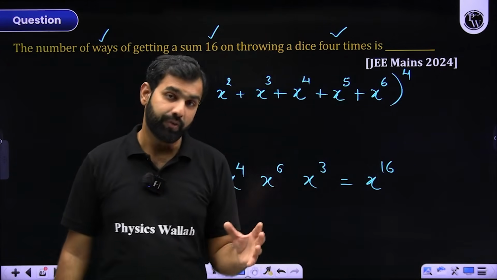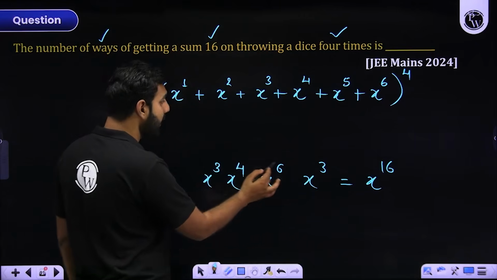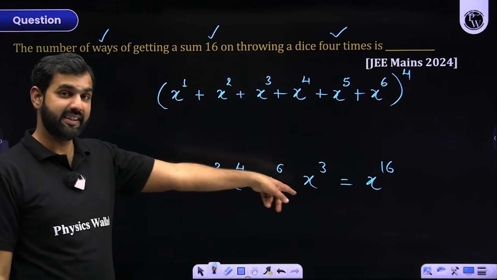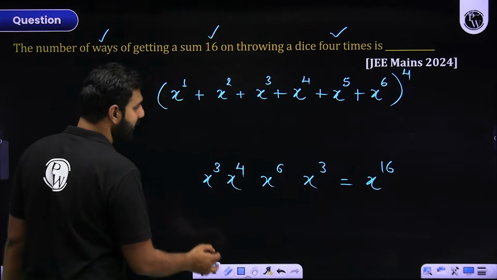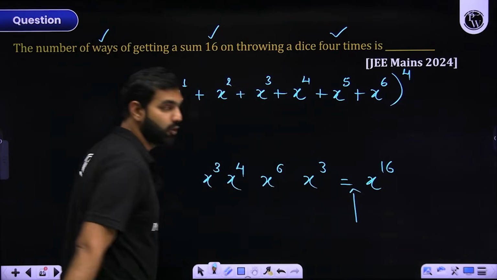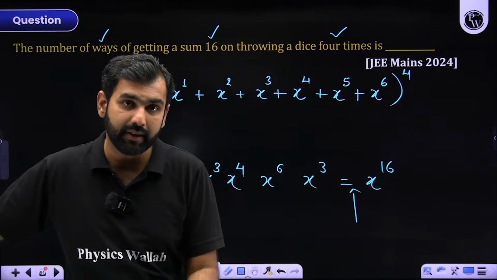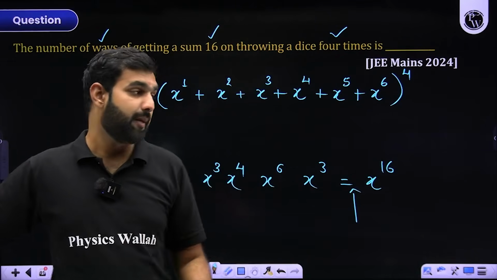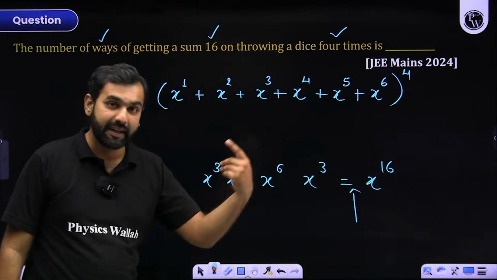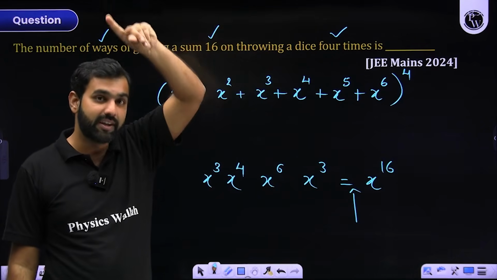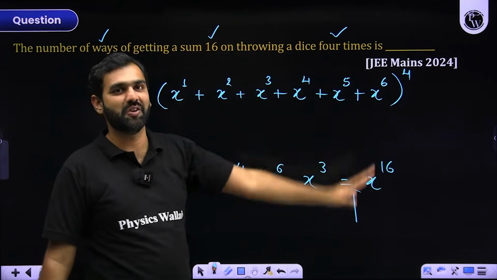So all the possible cases where alpha, beta, gamma and delta give me the sum as 16 will be my acceptable cases. Whatever the coefficient of x to the power 16 is will be the number of ways in which I get 16 as the sum. Are you understanding the application of the multinomial theorem, which we studied in binomial theorem, here in permutation and combination?